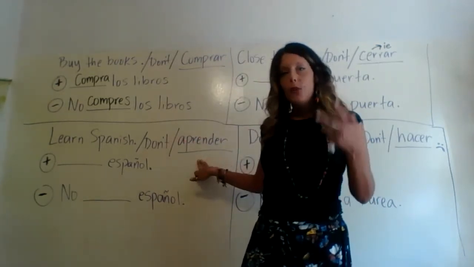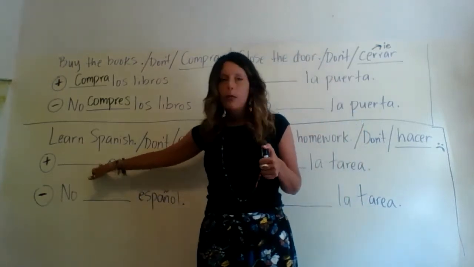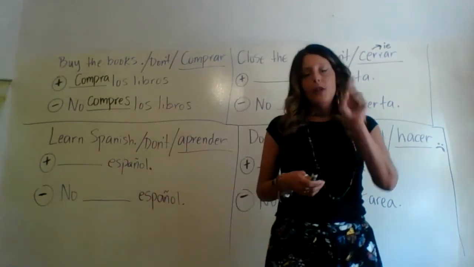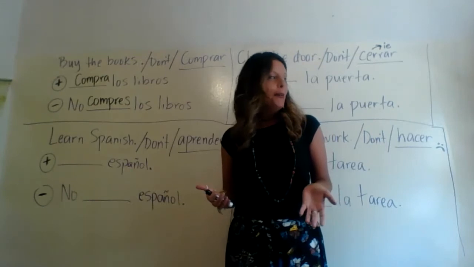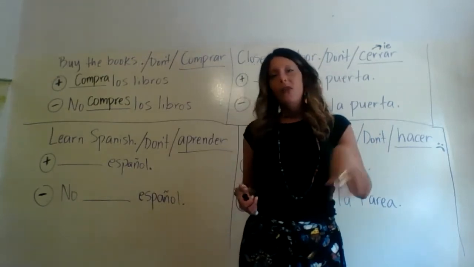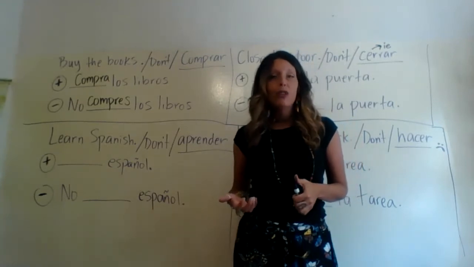So we remember we have two ways to get to the affirmative informal tú command. And option one would be, I guess the best way to do this might be just to do all or a lot of the whole conjugation box for the verb aprender, to learn in Spanish.